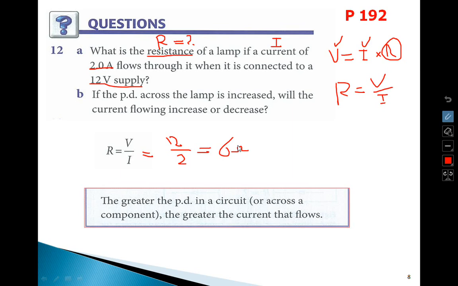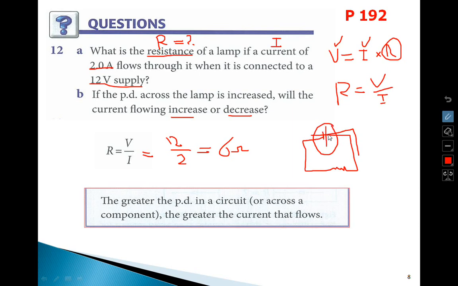Section B. If the PD across the lamp is increased, if the voltage is increased, will the current flowing increase or decrease? As we said before, for example, this is the circuit, and this is an R. The value which makes the current flow through it is the value of V, the power supply, cells, anything here.